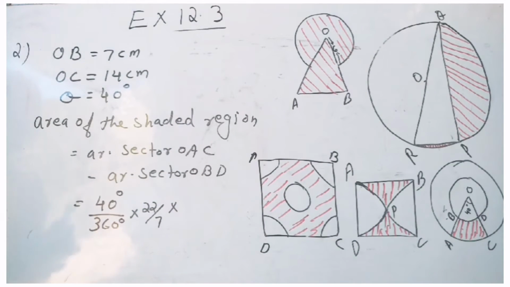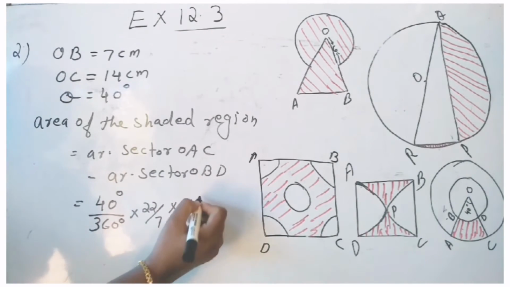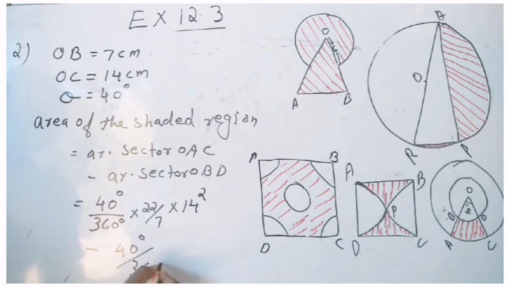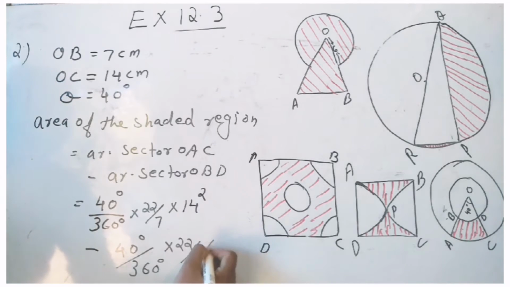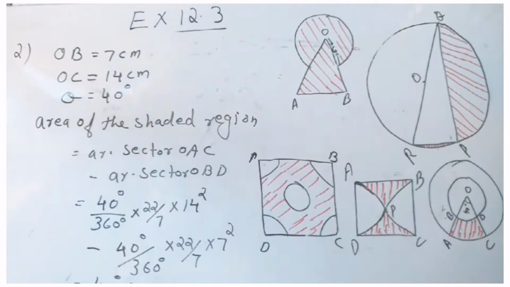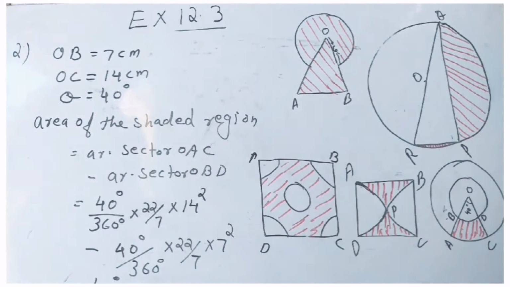That sector is the part of our largest circle, so here the radius is 14 square, minus 40 degree divided by 360 degree into 22 by 7 into OBD, which is the part of the smaller circle. The radius of that smaller circle is 7, so here we will have 7 square. And this is equal to 40 degree divided by 360 degree into 22 by 7 is common.